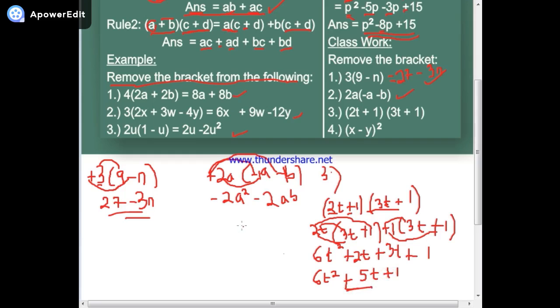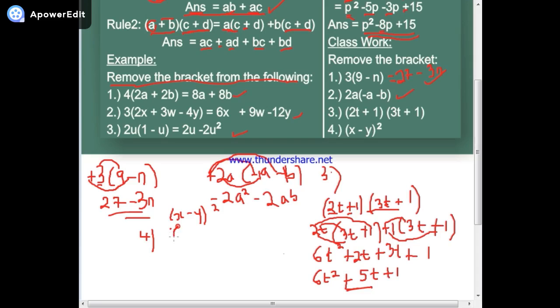Now the last question, which is number 4. That is x minus y square. So how are you going to do this? Square means you multiply the number twice.